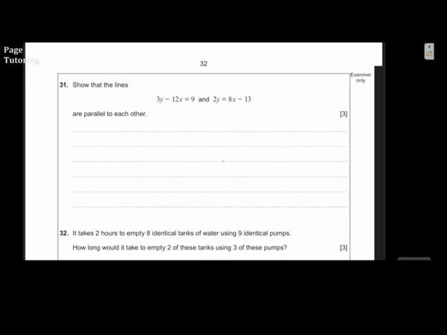So the general formula of a line equation is y equals mx plus c. So y equals m, that's usually the gradient of the line, times x plus c, which is the y-intercept. So let's get both of these equations, we'll call this equation 1, we'll call this equation 2, into the same format.